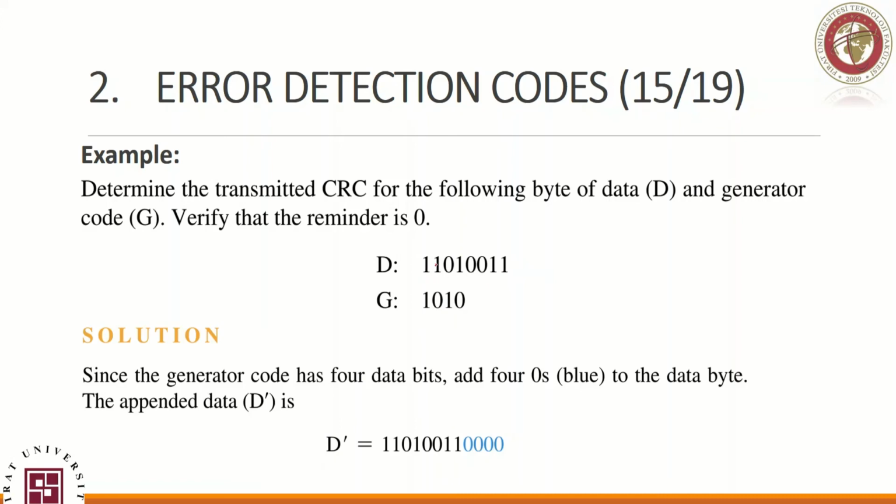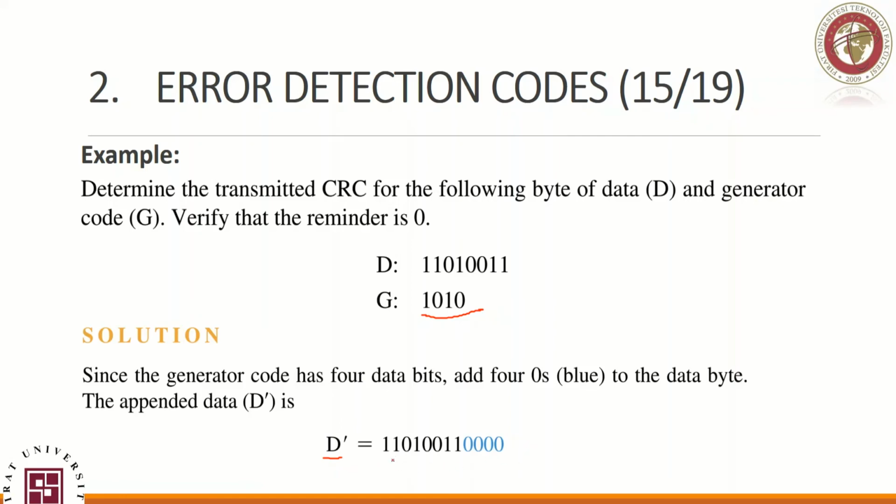So our data is 110100011. We need to add 4 zeros, 0, 0, 0, 0. Why? This is the length of the generator. So your data after change would be, let's say, D prime or D dash. And in that case, we will have a new version of this sequence.